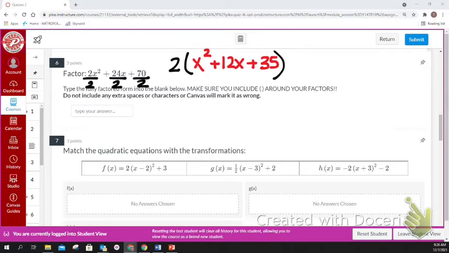So the first factor that's going to go, it says put in your factor. So the first thing we're going to put in there is a 2.